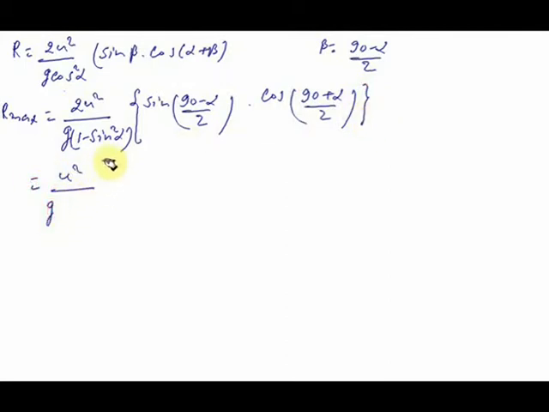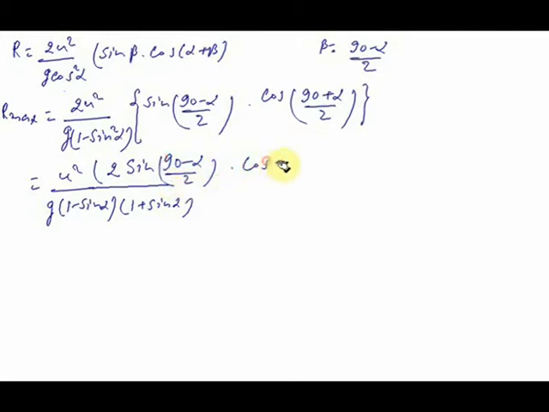So we have u square by g into 1 minus sine square alpha, which we can write as 1 minus sine alpha into 1 plus sine alpha, and here we can write it as 2 into sine 90 minus alpha by 2 into cos 90 plus alpha by 2.